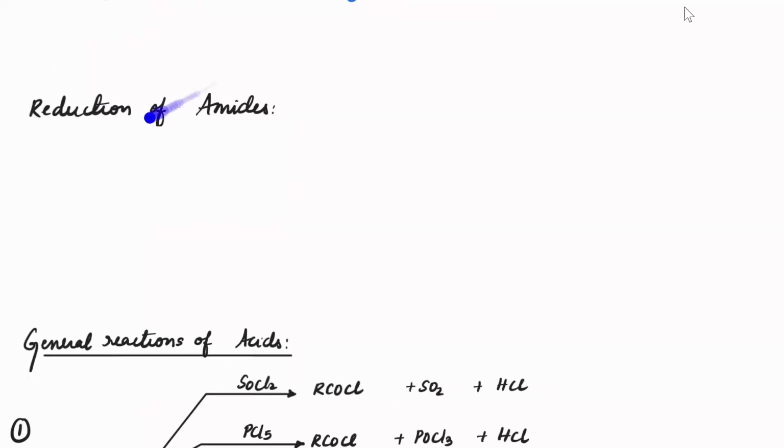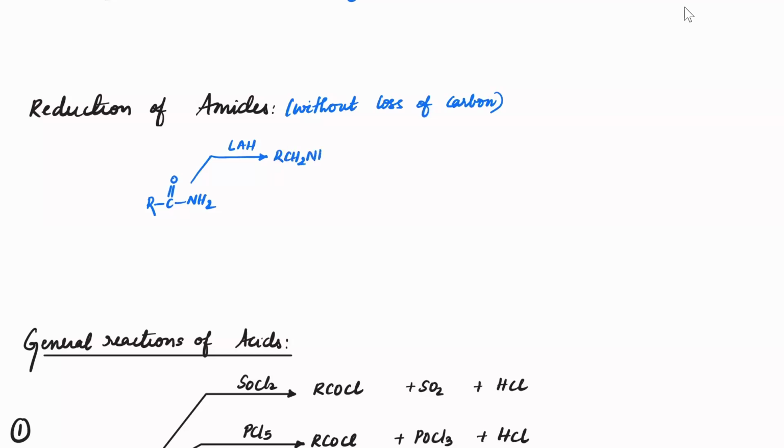Suppose you have to get reduction without loss of carbon. Which means it is not a step-down reaction as we learned earlier. So for instance, if you have R C double bond O NH2, and I take this compound and react it with lithium aluminum hydride, LAH, that will convert this into RCH2NH2.